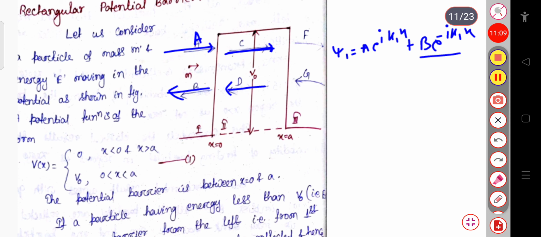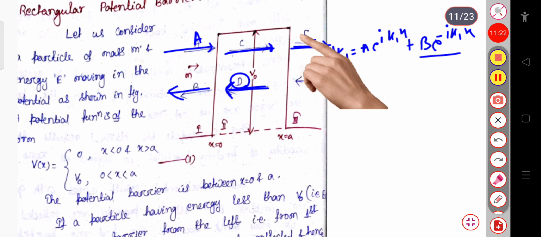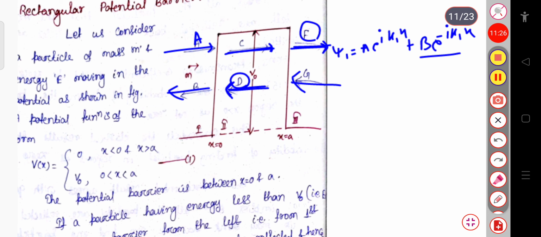d represents again the reflection. This one is a reflected wave having the amplitude d, and this f represents the transmitted wave having the amplitude f, and this one represents the incident or the reflected wave.